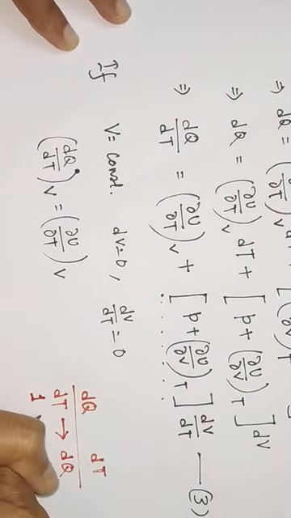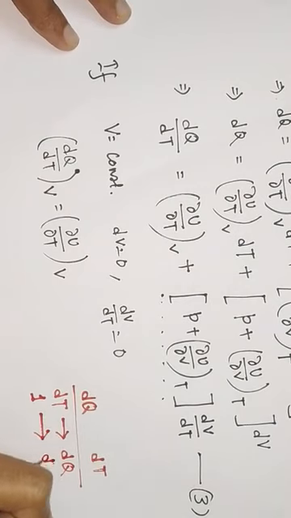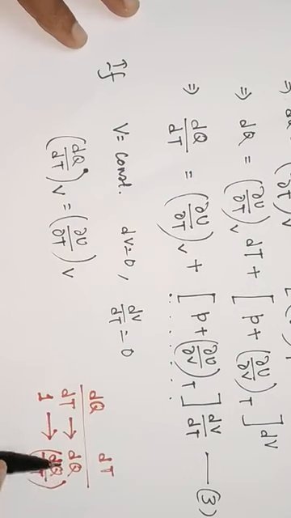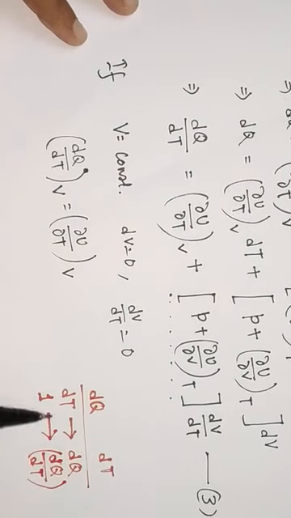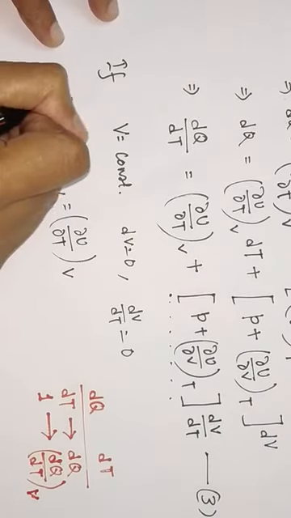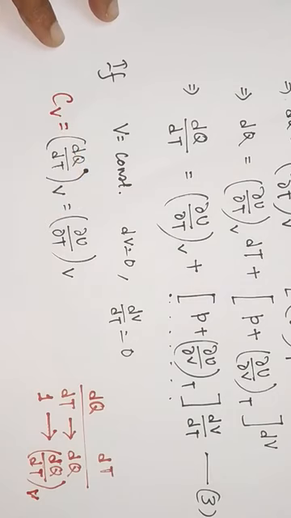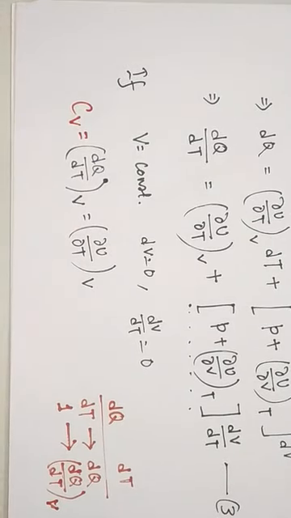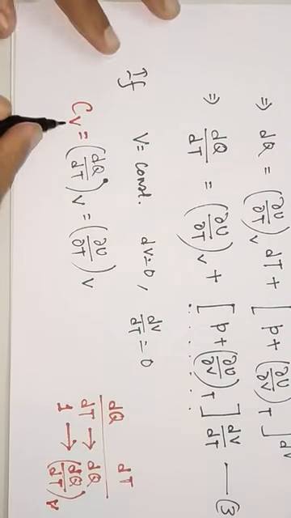Then unit increase in temperature will be due to the absorption of heat equal to this quantity dq dT. Now this absorption of heat and this increase in temperature is occurring at constant volume. So it will give us the specific heat capacity at constant volume. So dq dT at constant V is the specific heat capacity at constant volume.